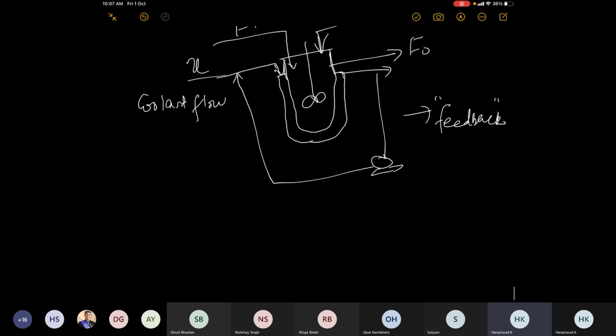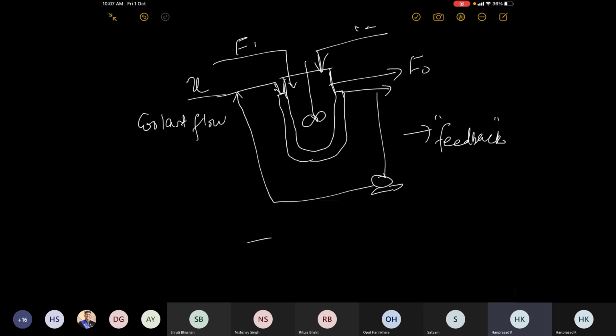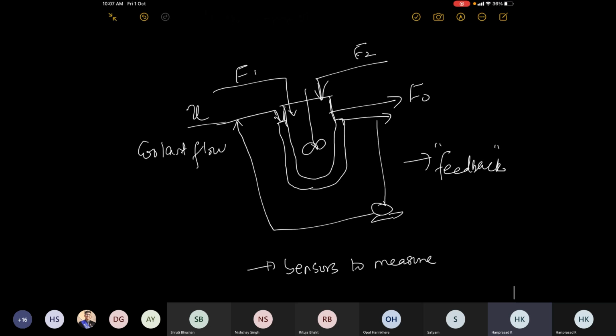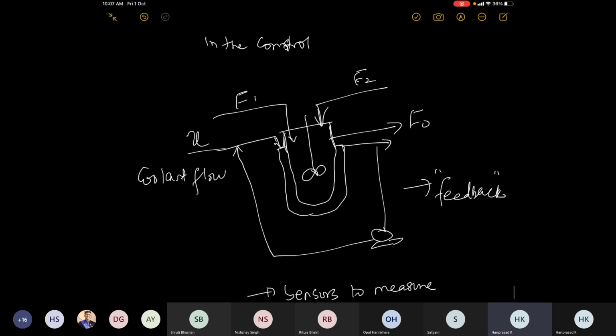So how do you do that? You use sensors to measure the actual scenario. For instance, let's say the product quality of F naught is the critical factor. So you would put a sensor corresponding to that.